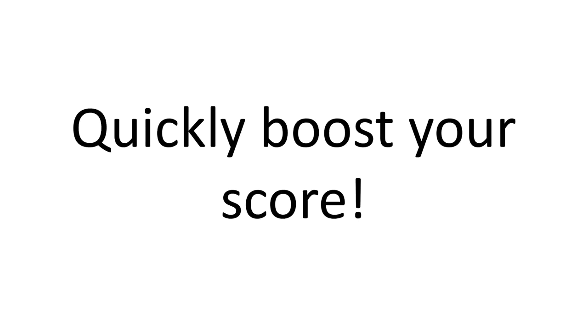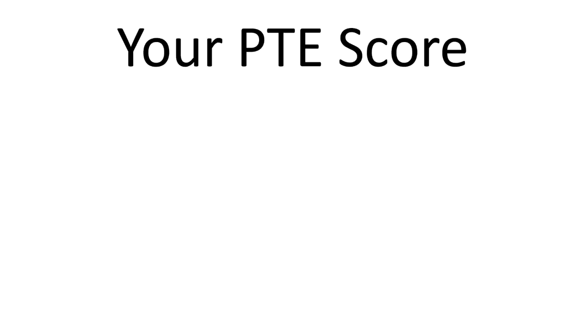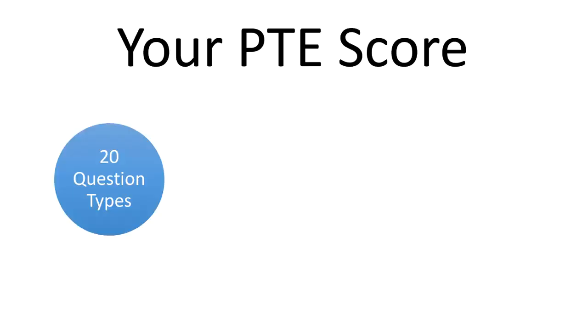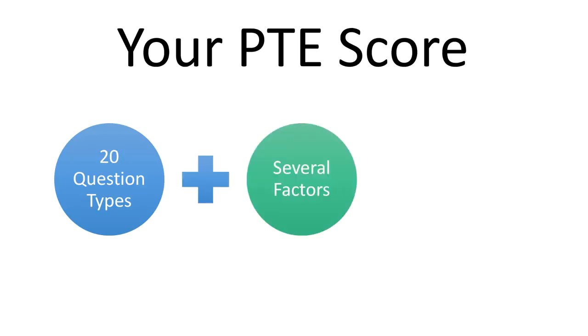We will tell you what are some of the things that you should do if you want to quickly see some results, if you want to see your score improving quickly. First of all, let's understand. You have 20 question types in PTE. Each question type is evaluated on a number of different parameters, a number of factors.